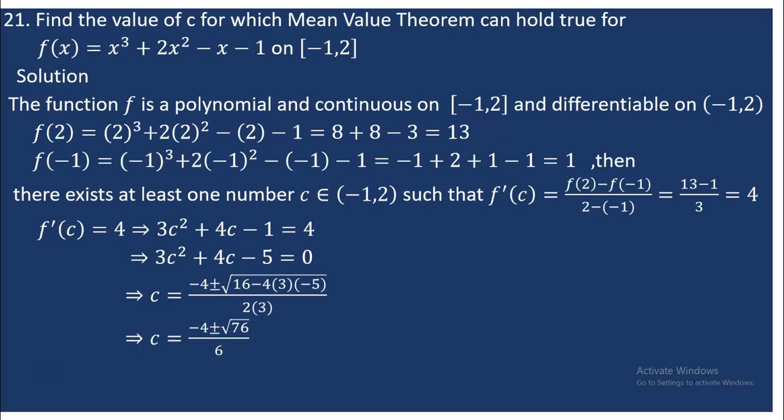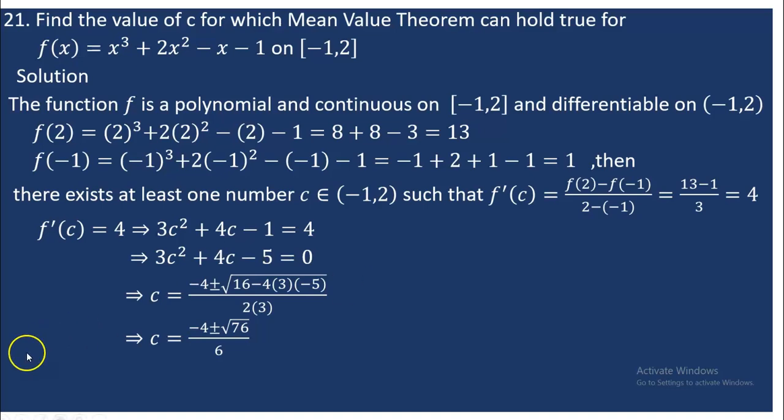So c is going to be equivalent to -4 plus or minus radical 76, because -4 times 3 is -12, times -5 is positive 60, and 60 plus 16 makes 76. So this is -4 plus or minus radical 76 divided by 6, because 2 times 3 makes 6.